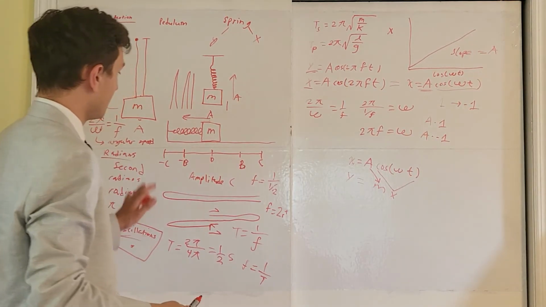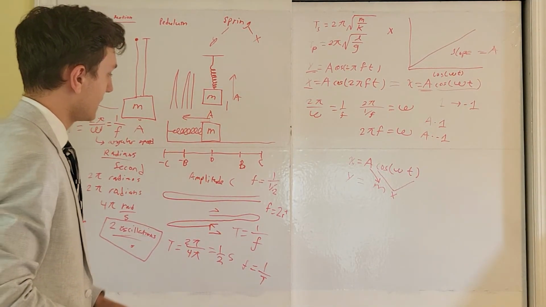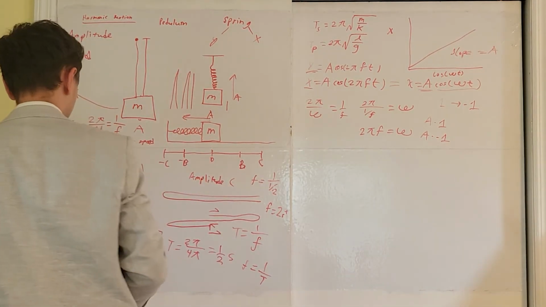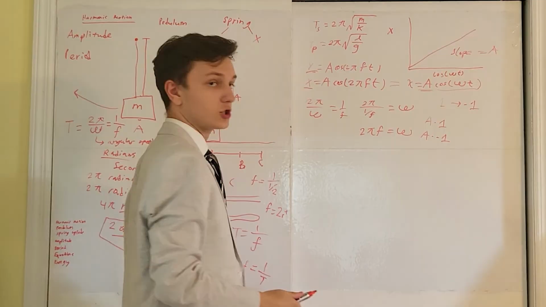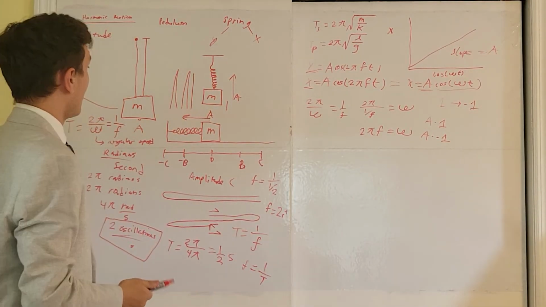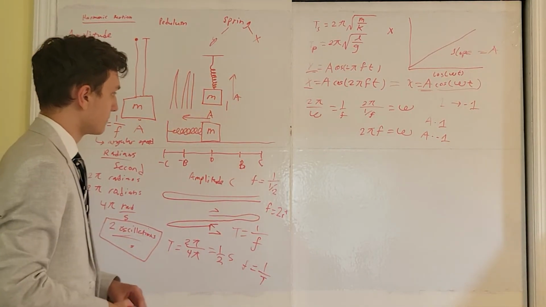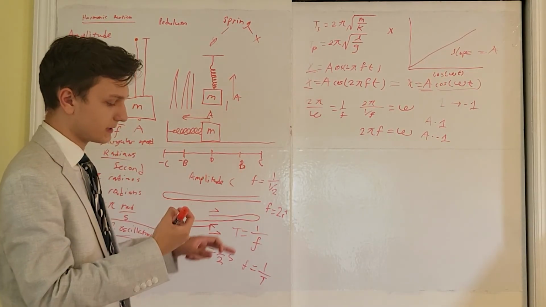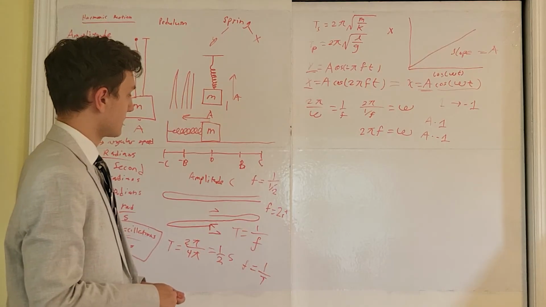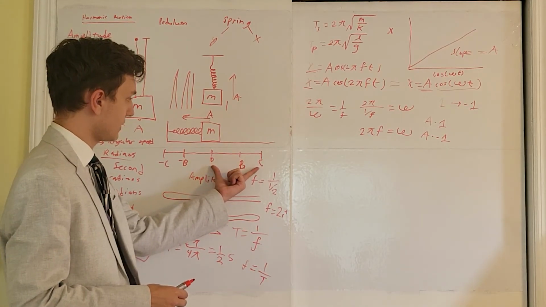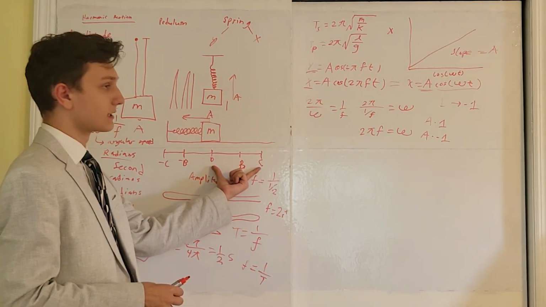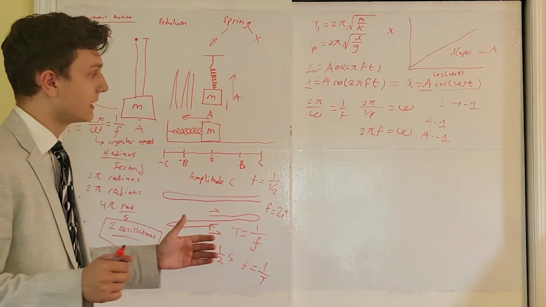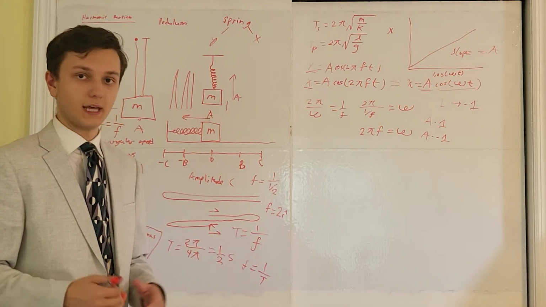Now let's come back to what I was talking about earlier about amplitude relating to the total energy of the system. Let's look at the energy that we're dealing with in the system. At the beginning, let's say I stretch the spring out to position C. That means that the spring has traveled this distance, and if the spring travels a distance away from the point at which it is at rest, it will gain potential energy.